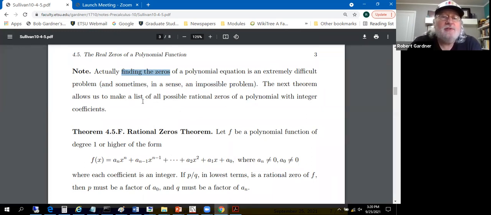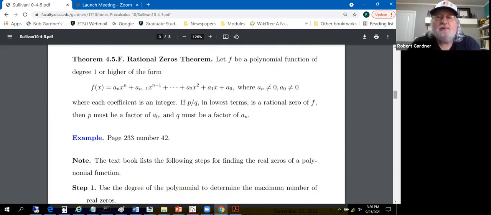The next theorem allows us to make a list of possible rational zeros. So we'll get a nice little finite list of possible rational zeros of a polynomial with integer coefficients. And from there, we could maybe find some factors. We could use the factor theorem to see if that produces factors.